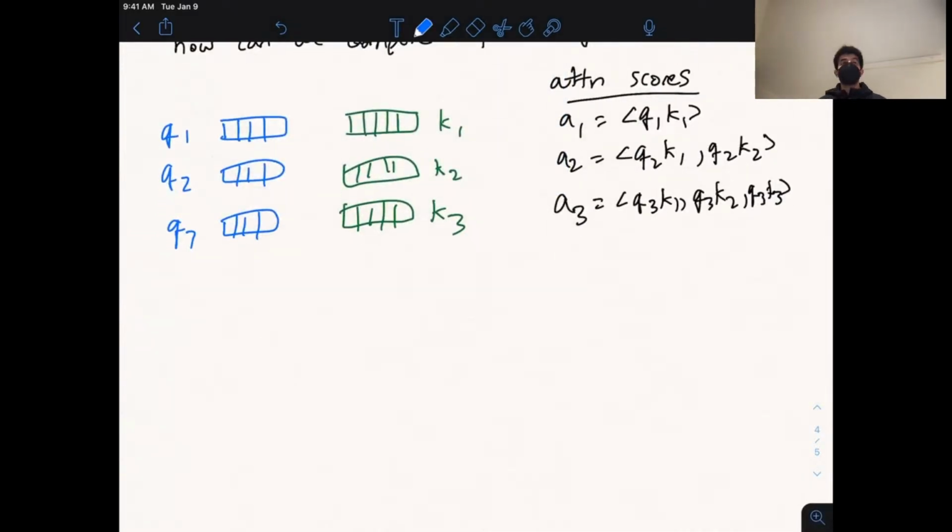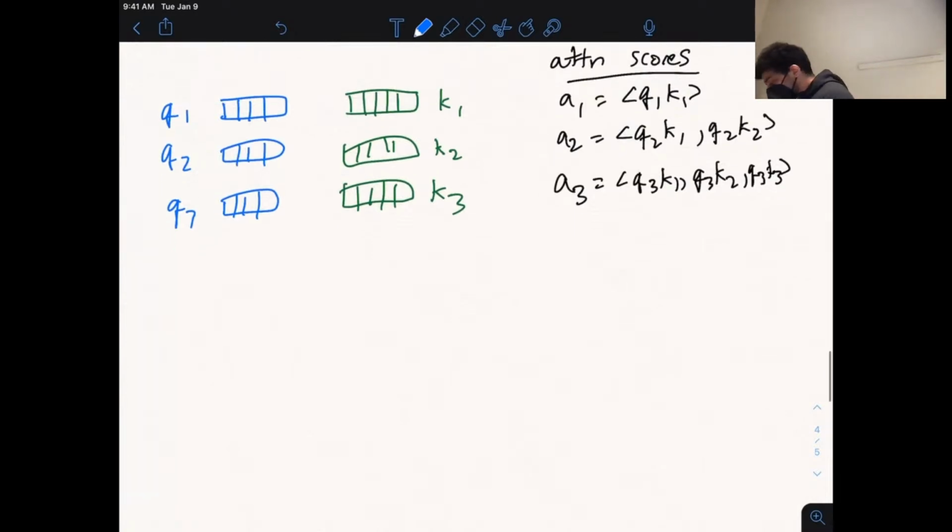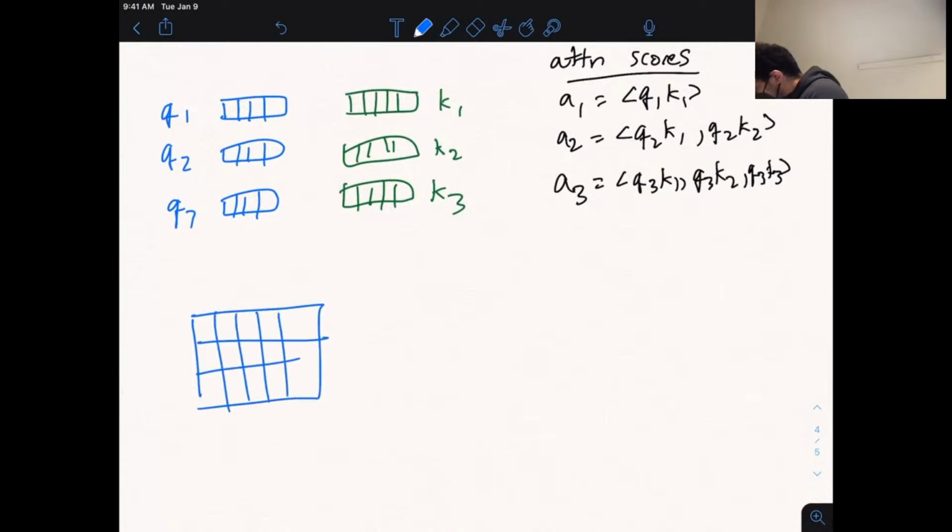So now think about what happens if I group all of my query vectors into a matrix, I group all my key vectors into a matrix, and then take a matrix product. What do I actually get out of this? Specifically, I can make a 3 by whatever the dimensionality of the queries are, where each row corresponds to Q1, Q2, Q3.